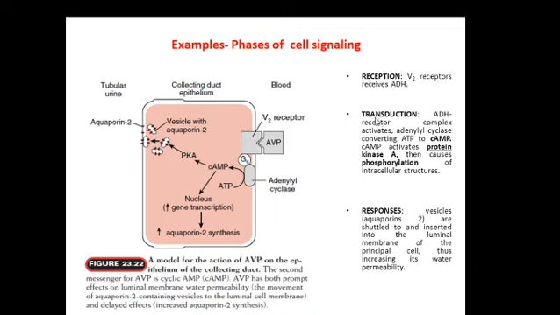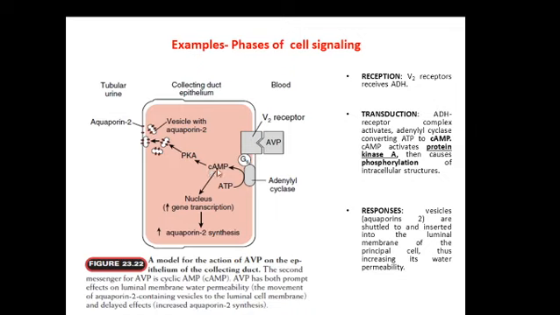Then the stage of transduction: ADH binds to the receptor complex. It activates the enzyme adenylyl cyclase, converting ATP to cyclic AMP as a second messenger. And the protein kinase A then causes phosphorylation of intracellular structures. So all this shows the transduction mechanism.